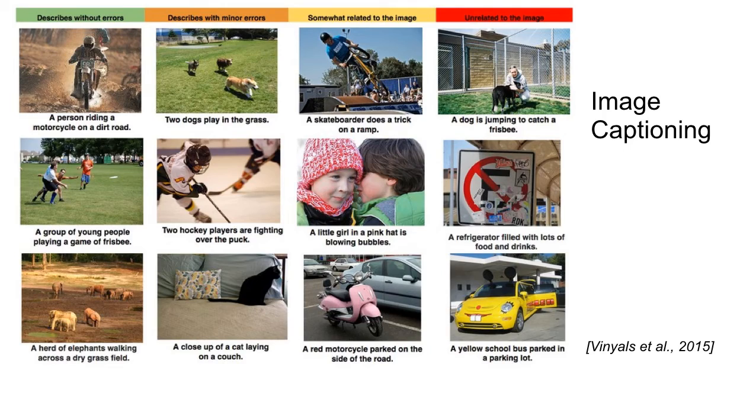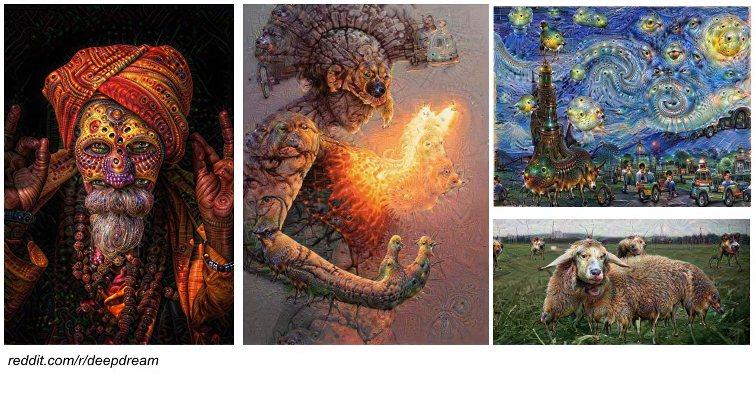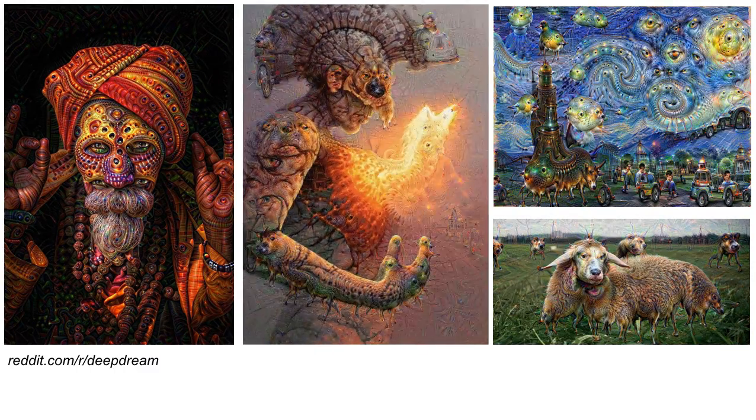We said when we were talking about this backprop procedure that we can get derivatives not only with respect to the weights in the model, but also derivatives with respect to the inputs themselves. That is to say, we can ask how we should change this input if we wanted to change our classification decision. This is what happens when you do that.